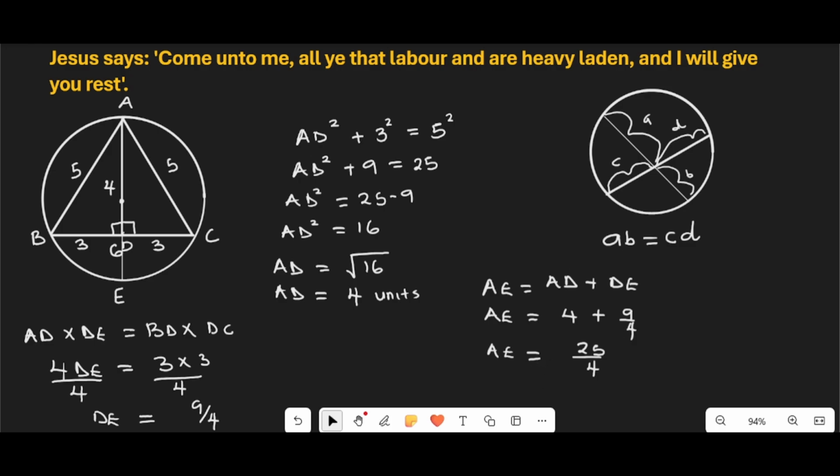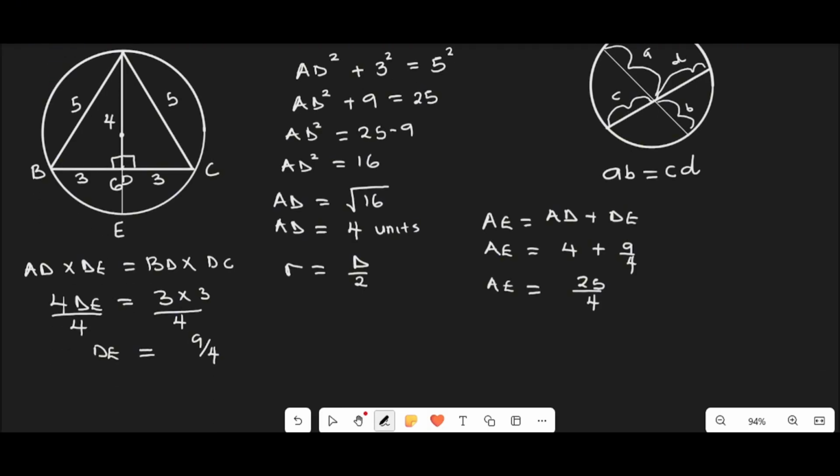And we know that the relationship between diameter and radius is R equals D over 2. So we can say R equals AE over 2, which is equal to 25 over 4 divided by 2.